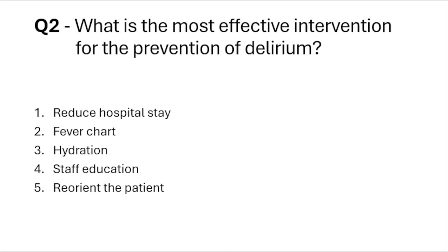Research has shown across the globe that the most important thing to prevent delirium is staff education. Educate and raise the awareness of delirium and do systematic screening of delirium. This is the most important thing.